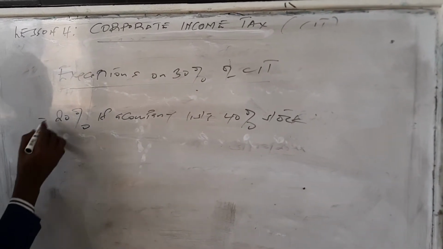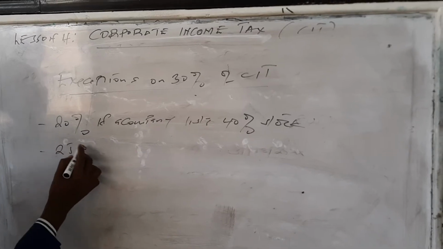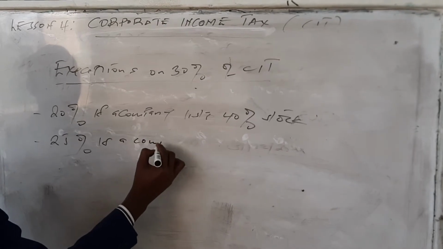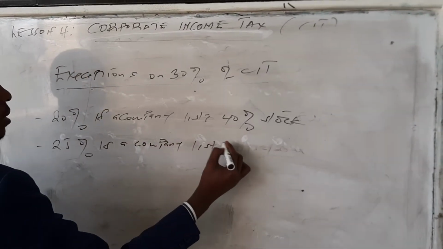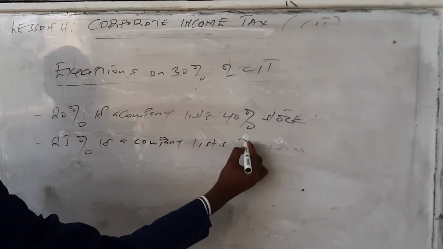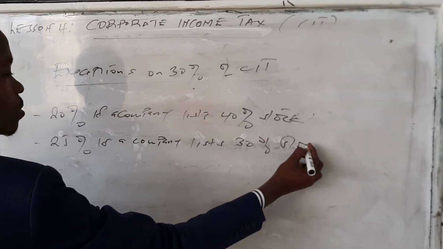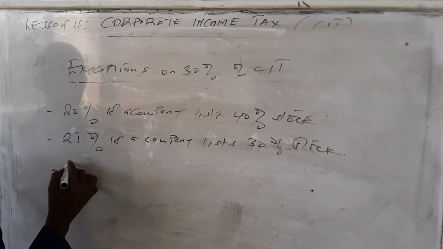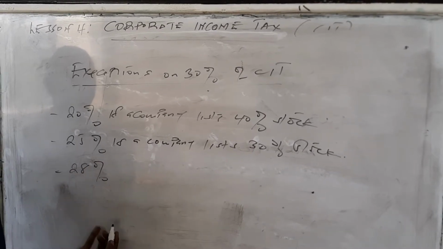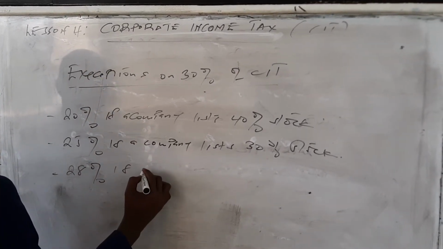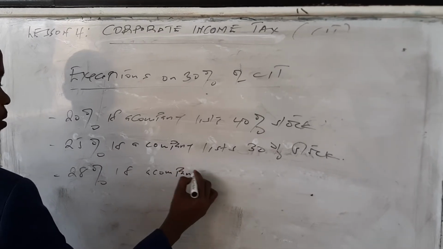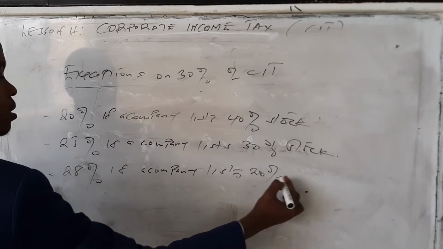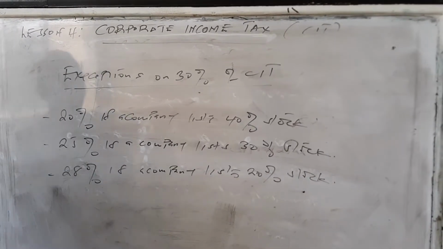Also, the company can pay 25% of CIT if it lists 30% of stock. And finally, the company can pay the CIT of 28% if it lists 20% of its stock.